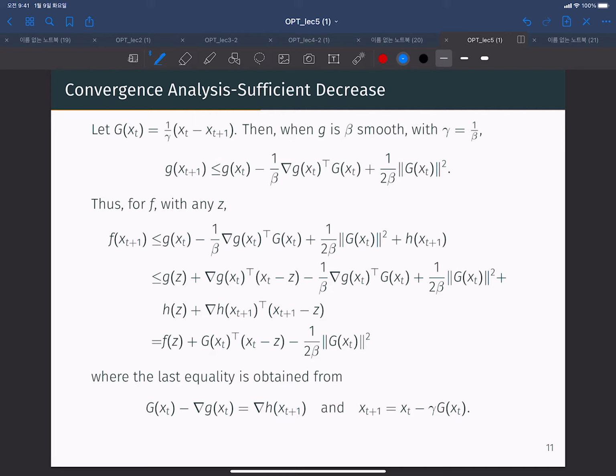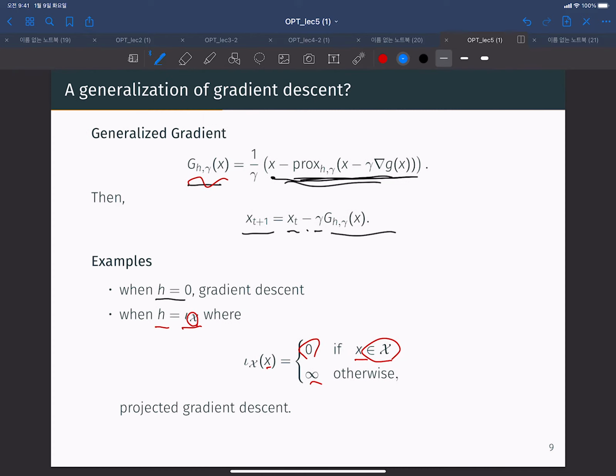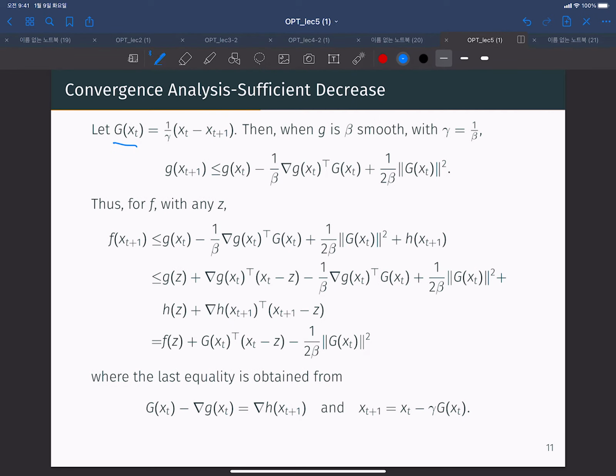Okay, let's show the convergence property of the proximal gradient descent approach. So for this, from this slide, I will use G(x_t) to denote the generalized gradient. In the previous part, I used the notation G_{h,gamma}(x) to denote the generalized gradient, but from now on, I will simply use G(x_t) for simplicity.